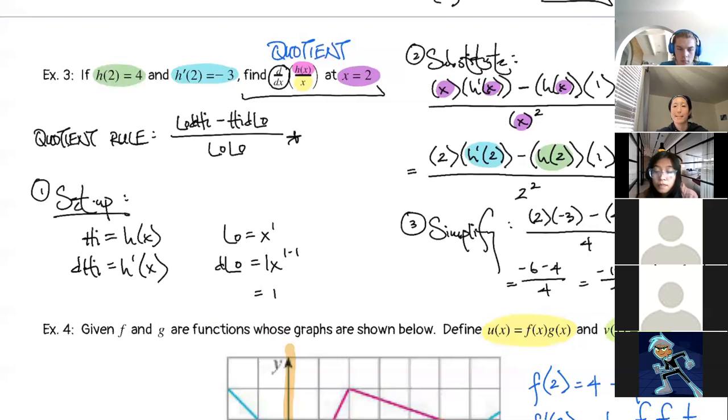Then why did we try to find the derivative of x, but for h of x, we still left it as h of x? Why did we go one step further with x? We didn't, it's not h of x on that second one, it's h prime of x. Well, they already give us the values, so it wouldn't have hurt to just use the numbers there, right?